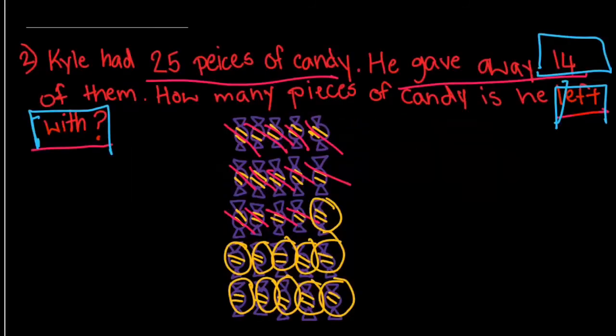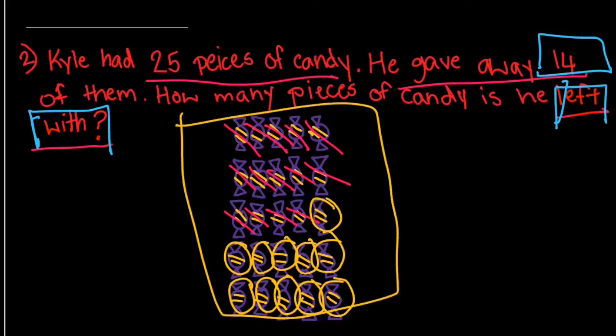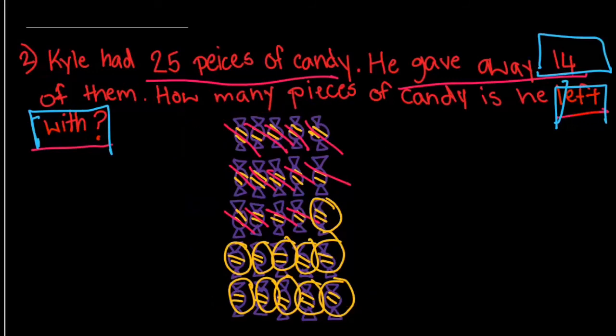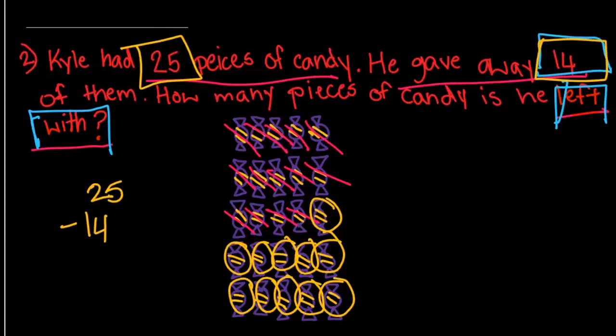If it didn't say draw a picture and was just problem solving, you could have done 25, the pieces of candy in total, minus 14, because that's how many pieces of candy Kyle gave away. Then you would get 5 minus 4, 1.